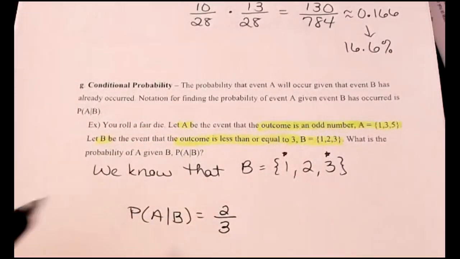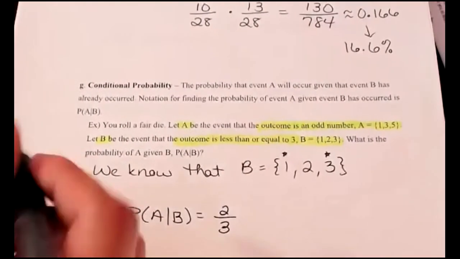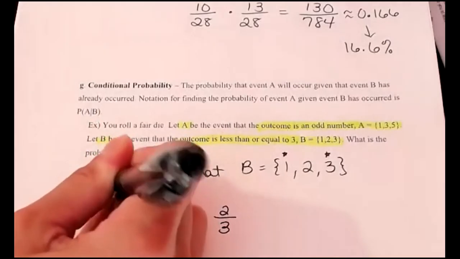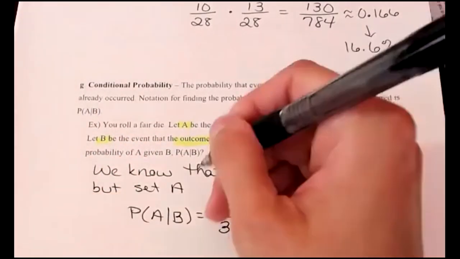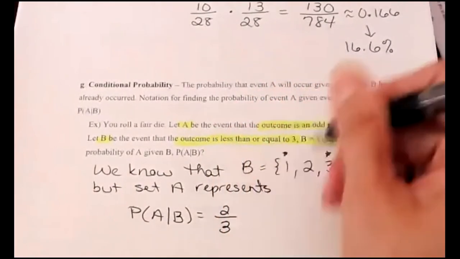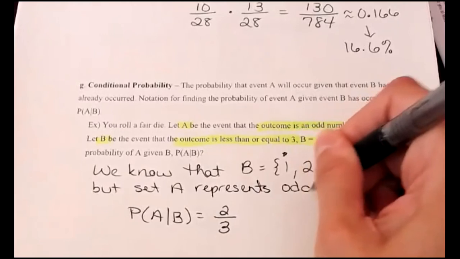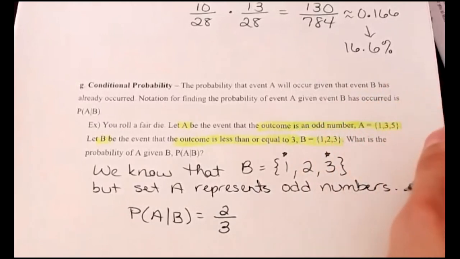I'm going to write one thing underneath here. We know that B is the set 1, 2, 3, but set A represents odd numbers.